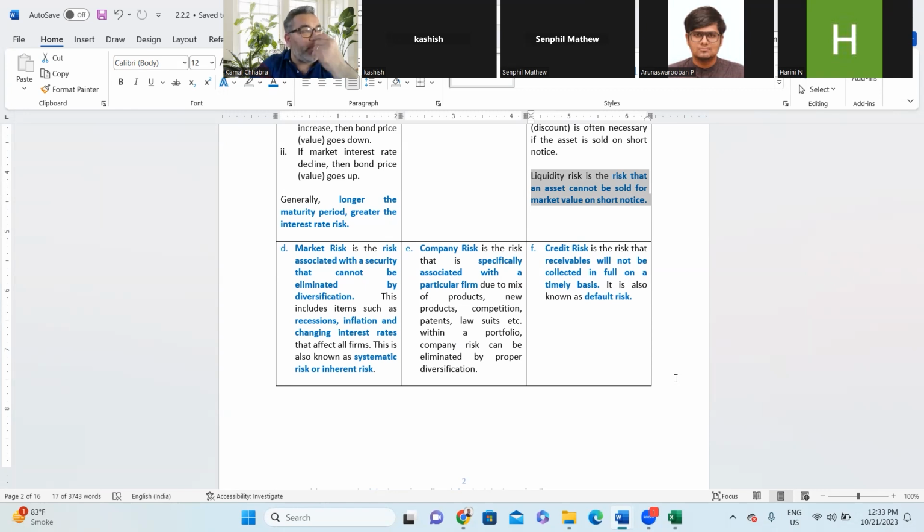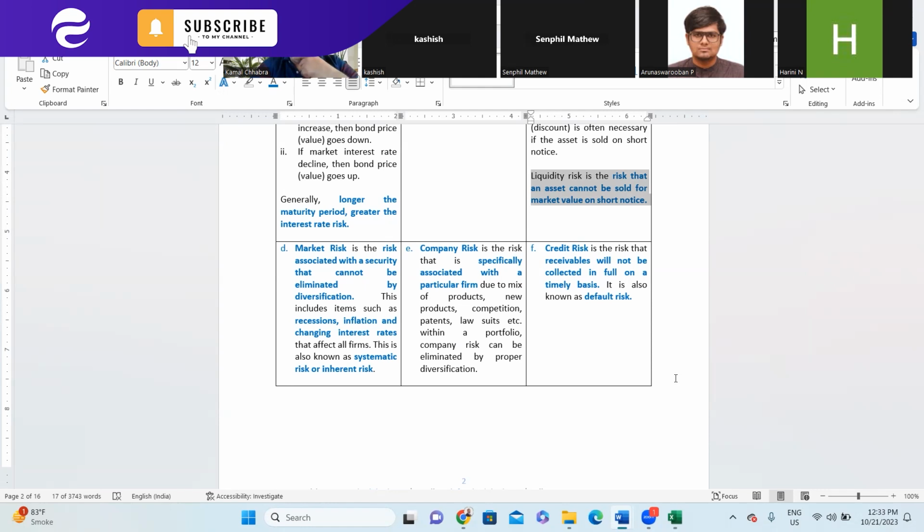For example, like Arun said, his family is into business. In that particular business, what are the risks specific to their organization? The competition: at what price you might be selling and at what price your competitors are providing. Second is the raw material which you are purchasing.